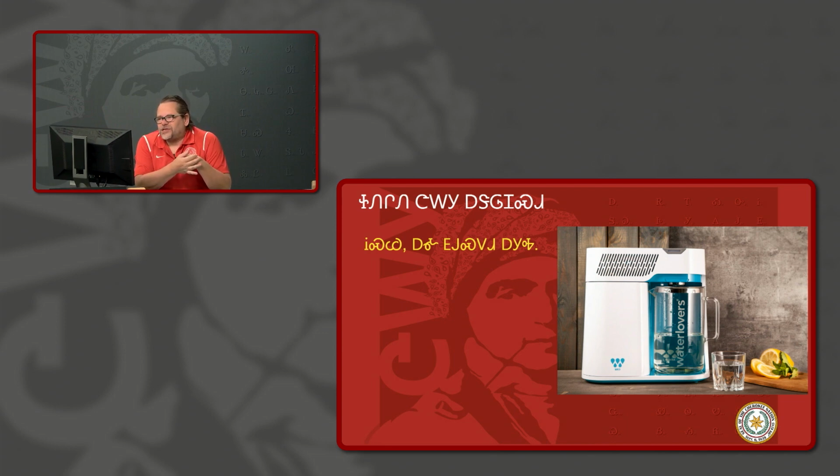So how would we change the sentence to say also, I had a water filter? How would we change that to be in the past tense? I'll give you just a few seconds to see if you can guess what word we need to change and how we would change it.